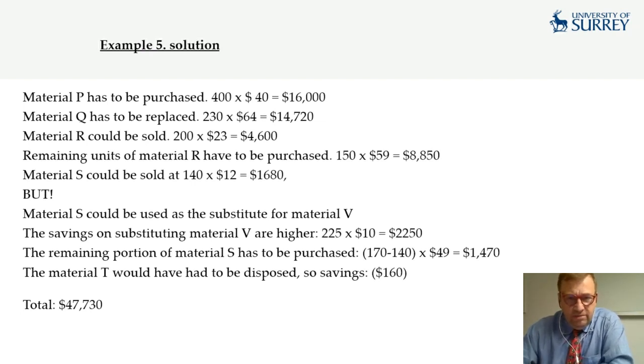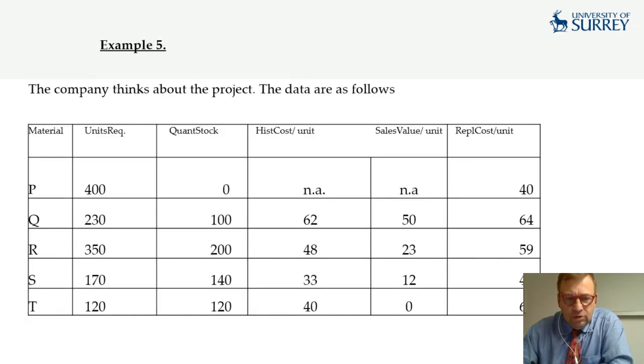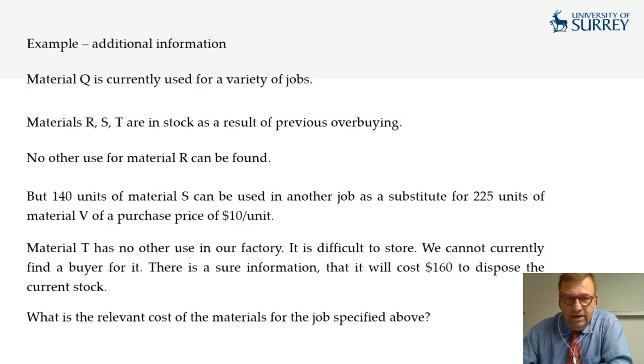It's a bit tricky because when we come to our table, we might be somehow distorted by these data: historical cost, sales value, and the replacement cost. And then we find by the information here that 140 units of material S could be used in another job as a substitute for 225 units of material V of a purchase price of $10.